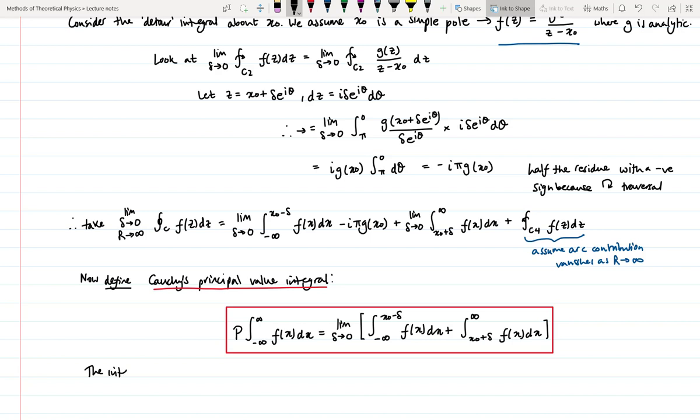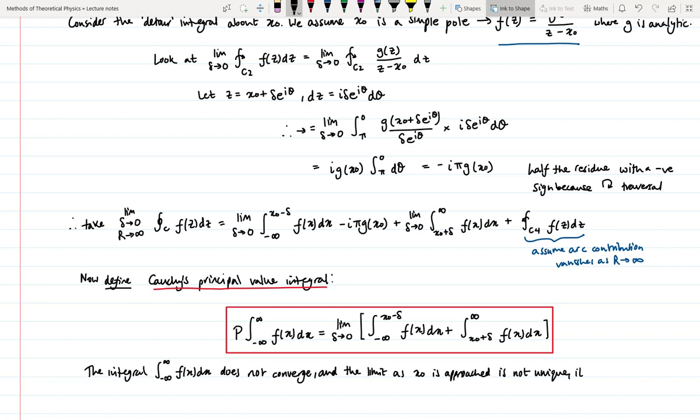So the integral that we want does not converge, and the limit as x0 is approached is not unique.